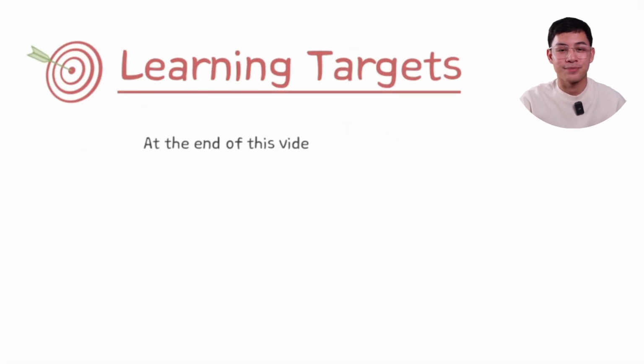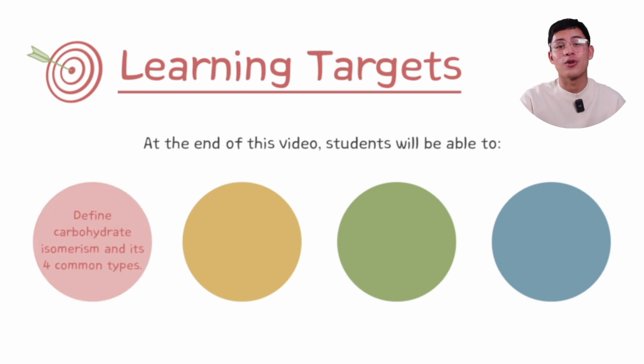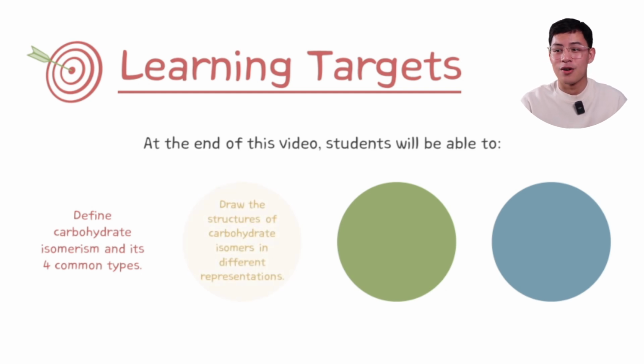In line with that, I've prepared 4 learning targets that I'm confident by the end of this video you will be able to master and achieve. First, we're going to define carbohydrate isomerism and its 4 common types. Then, we're going to draw the structures of carbohydrate isomers in different representations.